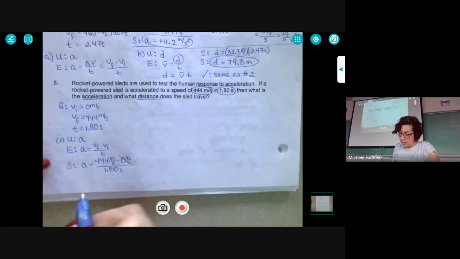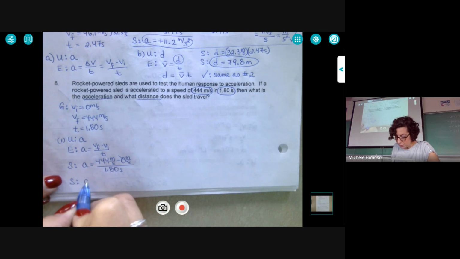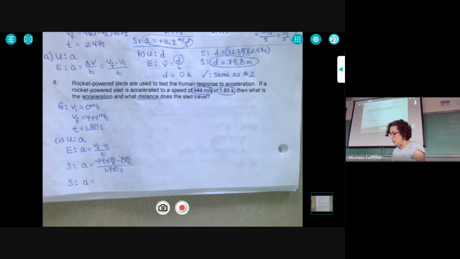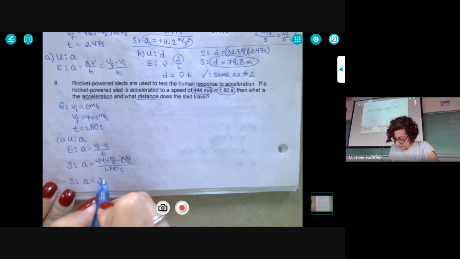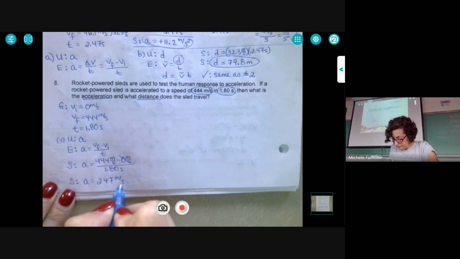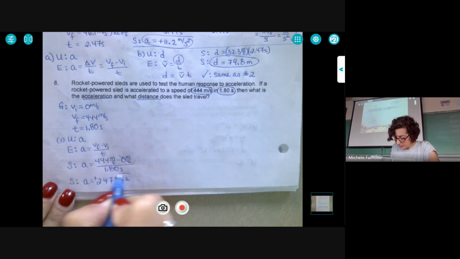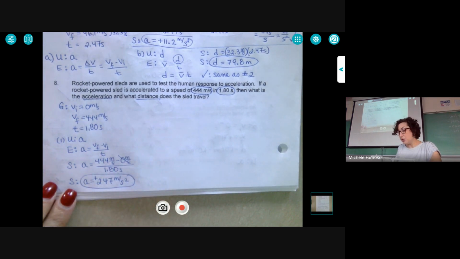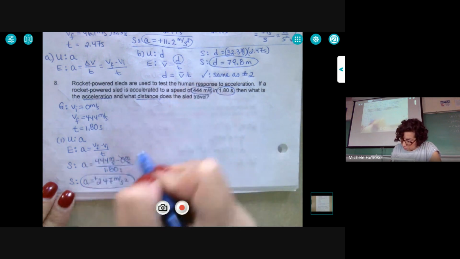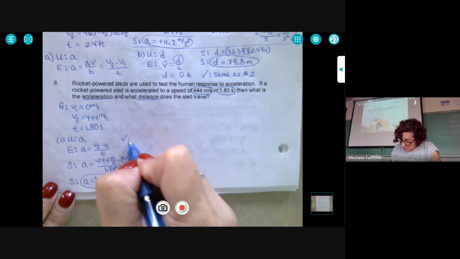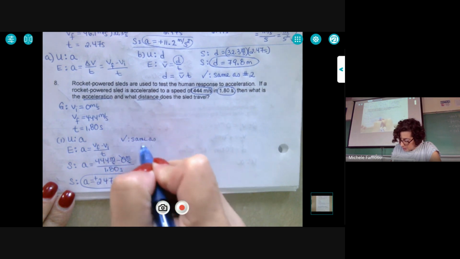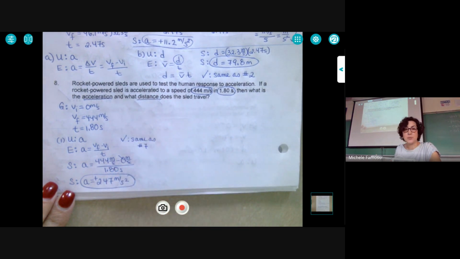Because it drops out. Let's go ahead and get a final answer with units, sig figs, and direction, please. Fig, do you have it? And the direction? Yes, positive. Now, I'm not going to do the check because we did this check in number 7. So the check is the same as number 7 that we just did previously.